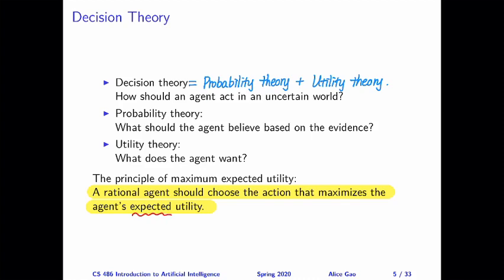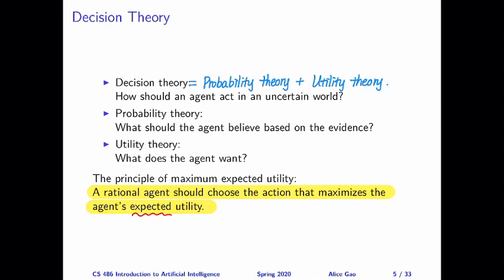We don't know which state of the world is going to become true. However, we have probabilistic estimates over these possible states. So using the probabilistic estimates, we can compute an expectation over our utilities for different states, and then use this to guide us in the decision-making process.